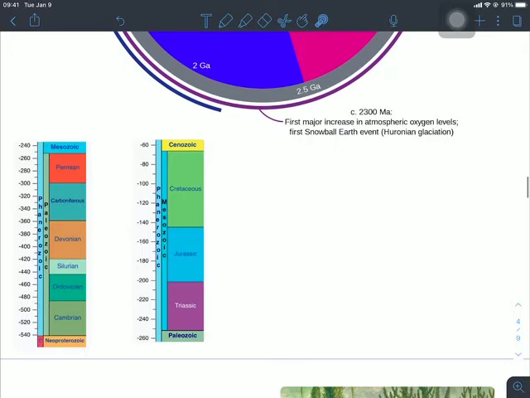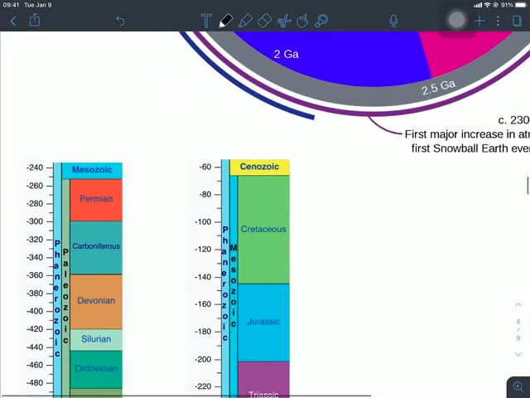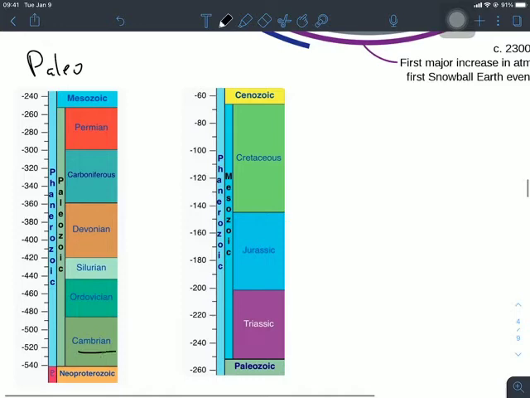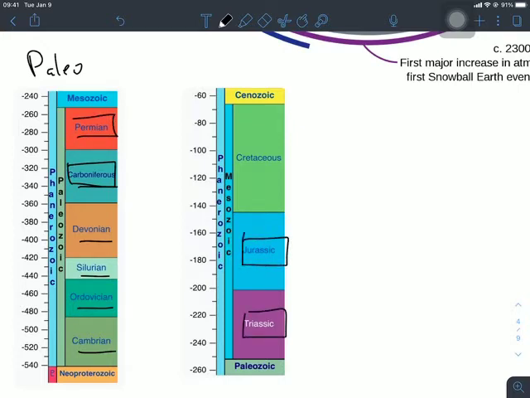And while there are different periods within these eras, like in our Paleozoic, we have the Cambrian, the Ordovician, the Silurian, the Devonian, the Carboniferous. Y'all probably, hopefully know the Carboniferous, and the Permian. And in our Cenozoic, we have the Triassic, the Jurassic, everyone's favorite, and then the Cretaceous.